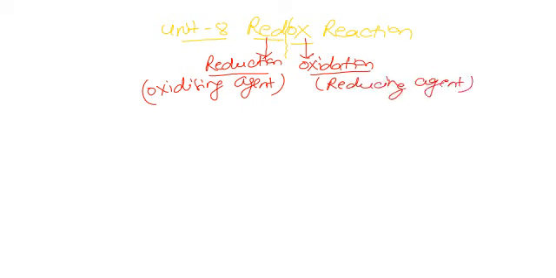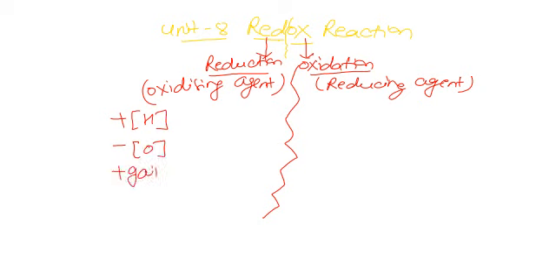You have already read in junior class, reduction means gain of hydrogen or loss of oxygen or gain of electron, and one terminology which you will study is oxidation number.